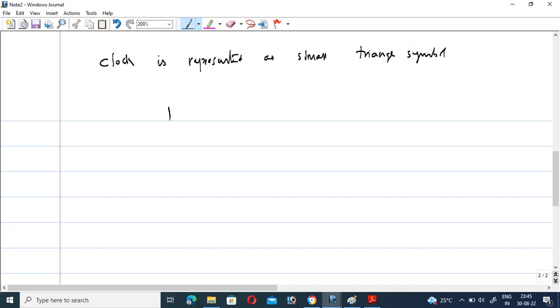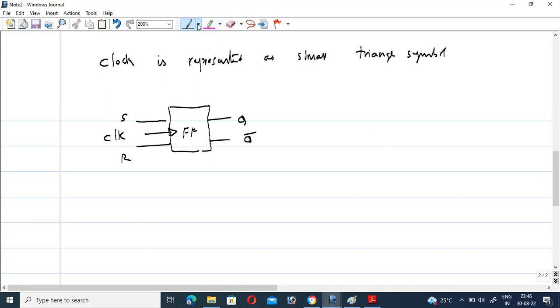Suppose you are taking an SR flip-flop or any flip-flop, with inputs, this small triangle represents the clock signal. The flip-flop has outputs Q and Q bar. So this is a positive edge trigger flip-flop.